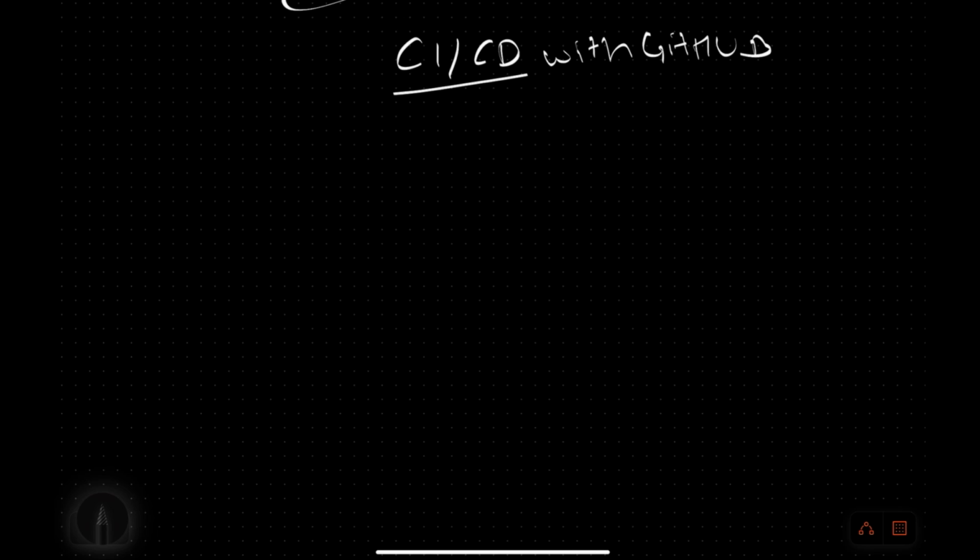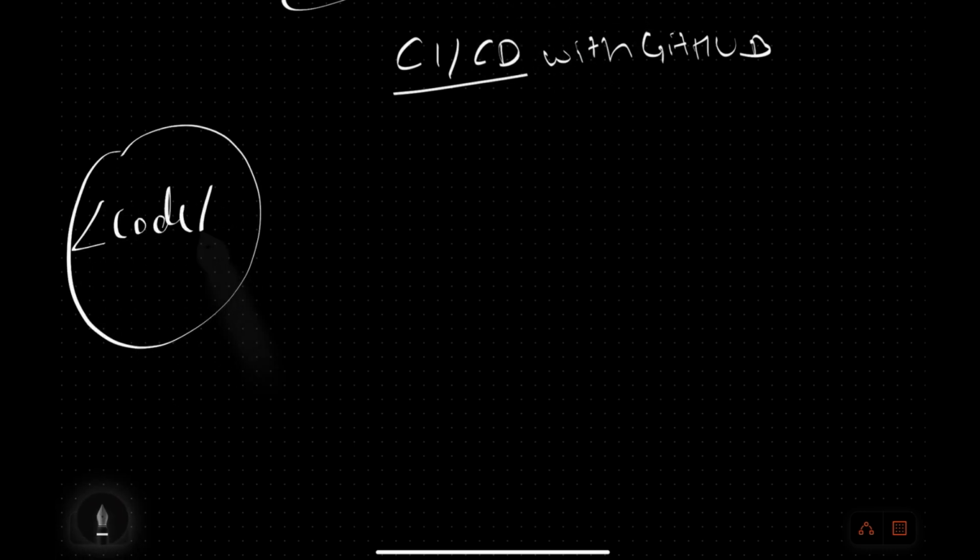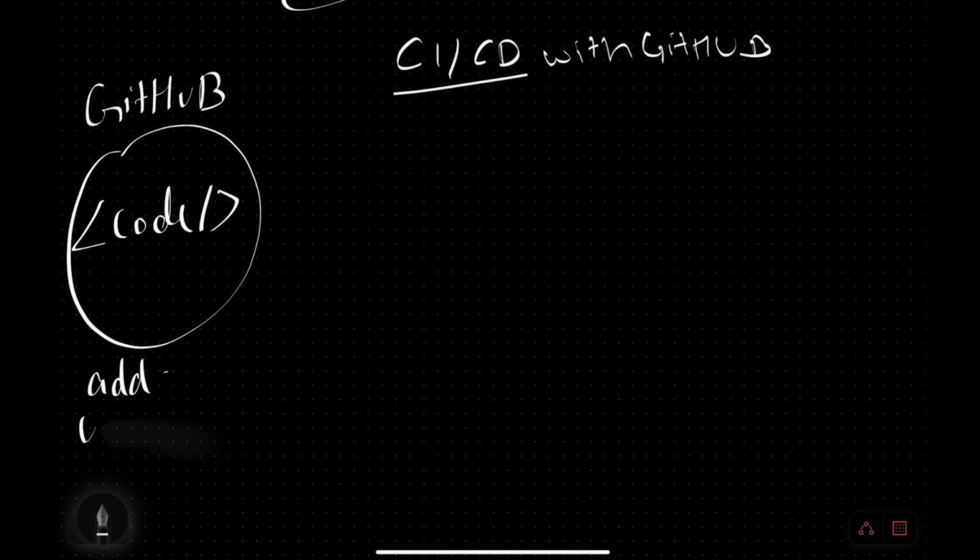Now let's understand CI/CD pipeline with GitHub. Let's suppose here is your code and this is on GitHub. If you make some changes in your code, you just git add, then git commit, and then push your code. We are taking an example of a Node.js application.